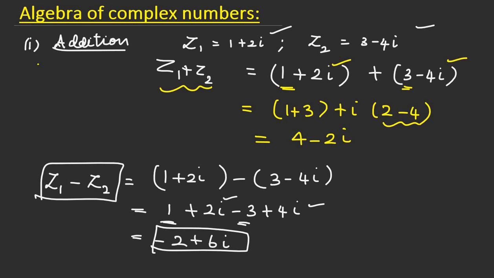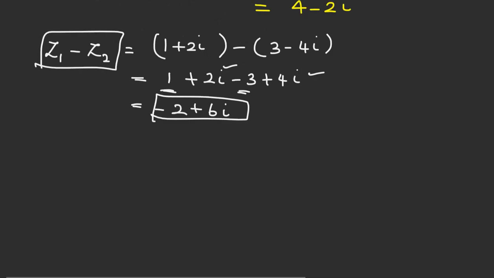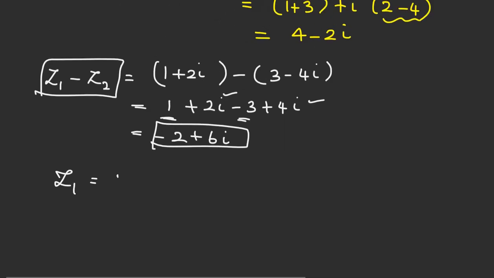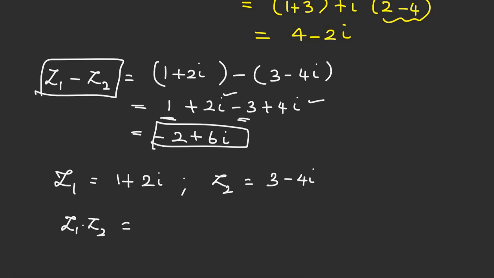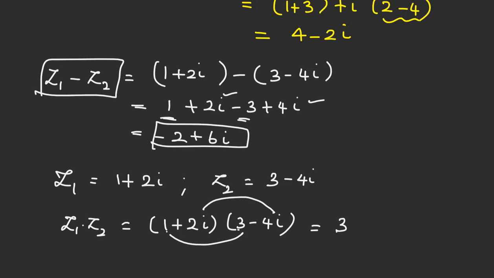Multiplying two complex numbers: for example, let us take the same question. Here z1 equals 1 plus 2i and z2 equals 3 minus 4i. Now multiplying z1 into z2 will be 1 plus 2i into 3 minus 4i, which gives me: 1 into 3 gives me 3. Multiplying both the imaginary parts gives me the real part.